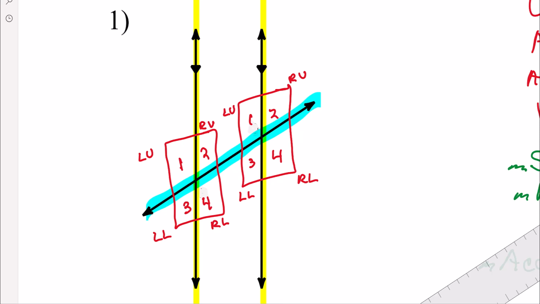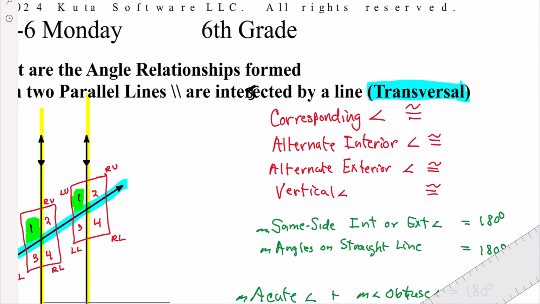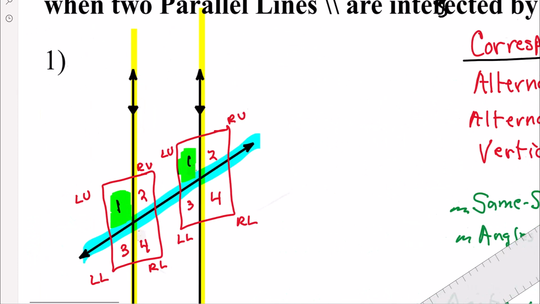So the angles that are in the same location, see angle 1 and angle 1, are called corresponding, and those angles are congruent.